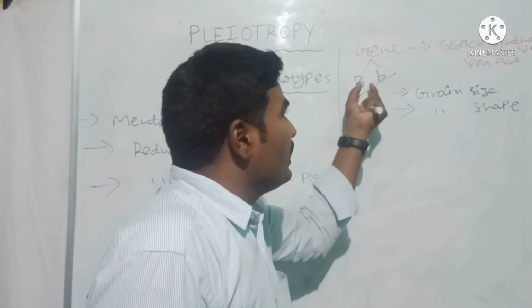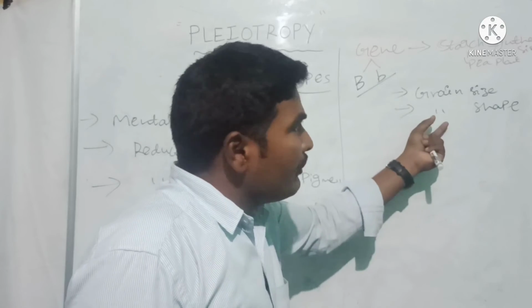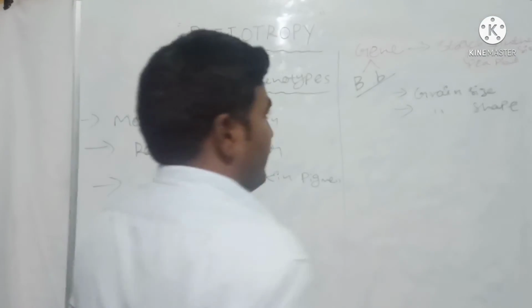This gene has two different alleles, capital B and small b. The pea plant has two different phenotypes: grain size and grain shape. So the gene controls two different phenotypes, grain size and grain shape.